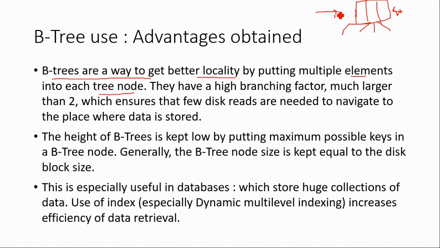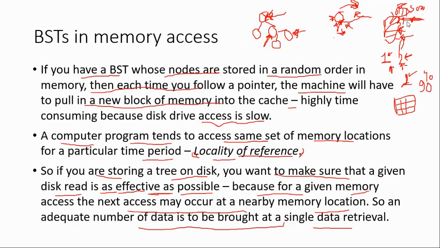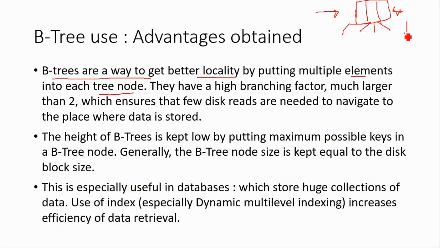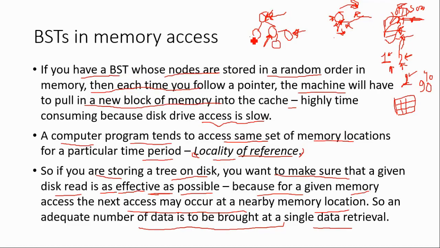The height of the tree determines the search, insertion or deletion operations. So if we keep the height smaller, then the access times will be comparatively smaller than for trees which have greater heights. In case of BST, there is another disadvantage, that we cannot store much data in a node, and therefore the height of the tree will increase.